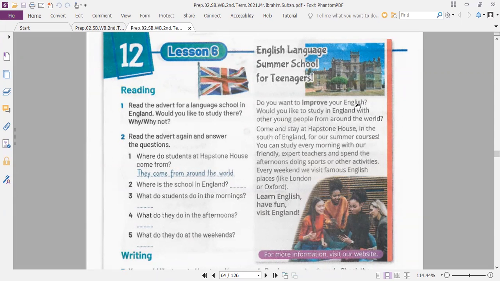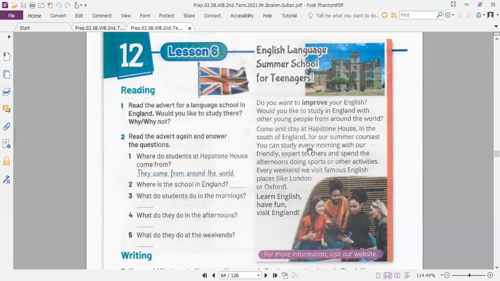Do you want to be better in speaking English or writing English? Would you like to study in England with other young people from around the world? Come and stay at Happerstone House in the south of England for our summer courses.